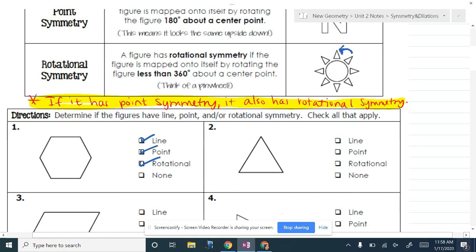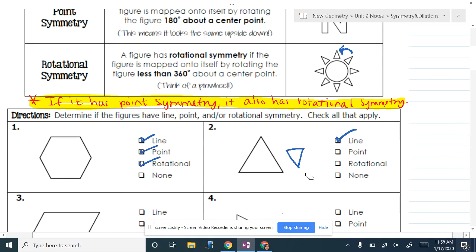Number 2 is a triangle. So we already saw an example of this. If I draw a line straight through the center of the triangle, which mine wasn't straight, but if I were to, it does match up on both sides. Therefore, we do have line symmetry. Also, upside down, it would actually look more like this with the vertex that's on the top pointing down. Therefore, it does not have point symmetry.